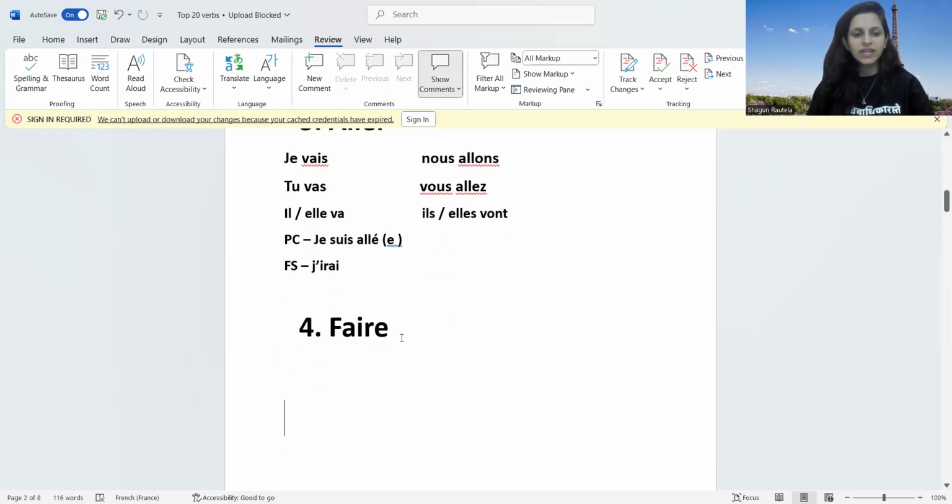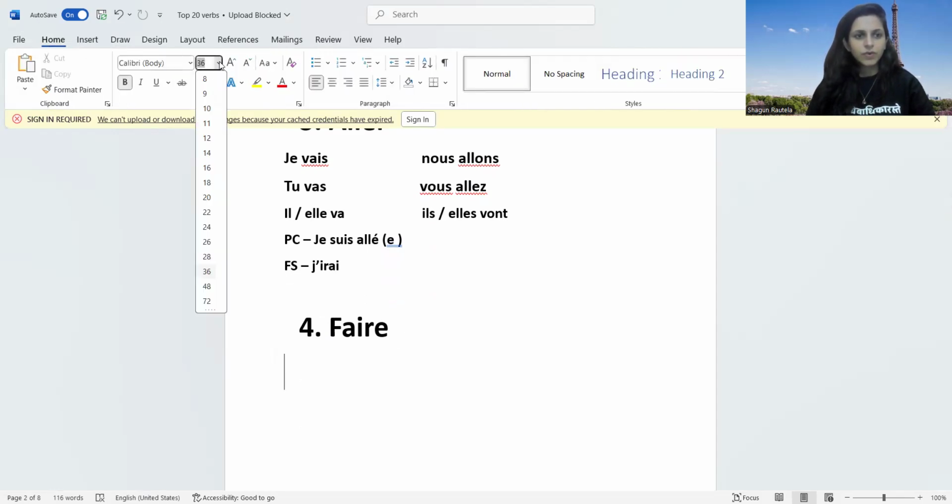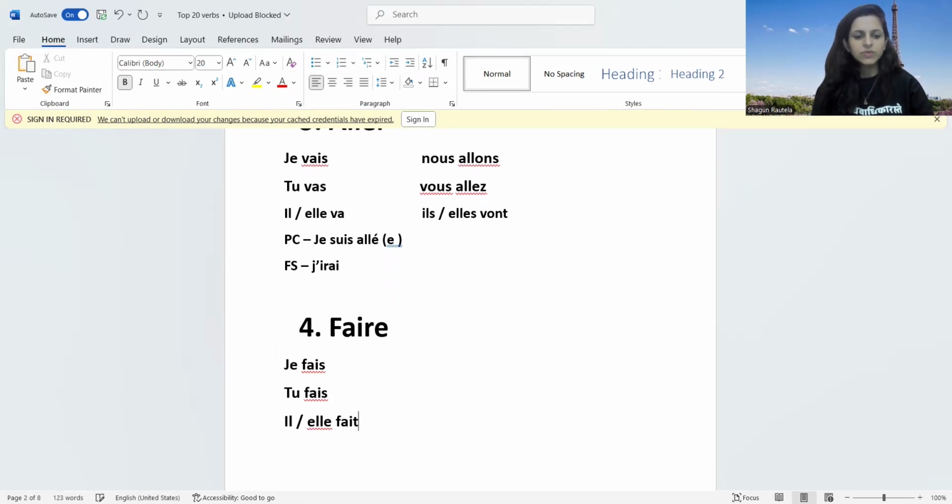The next verb in the list is verb faire. First of all, we're going to do it in present. Je fais, tu fais. It's very important that you know these verbs. Il, elle fait, nous faisons, vous faites, ils, elles font.